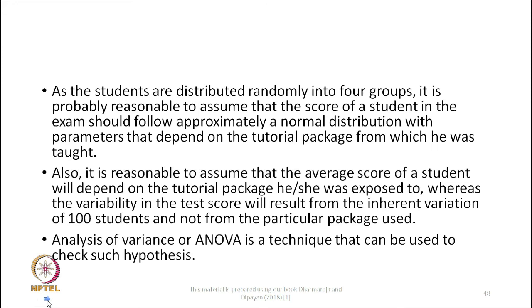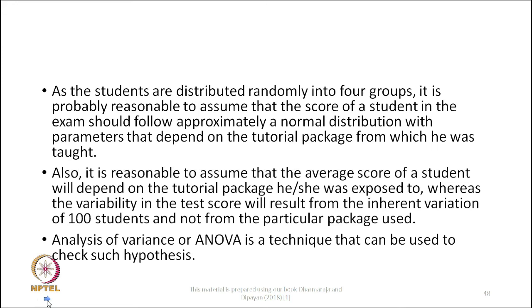As the students are distributed randomly into 4 groups, it is probably reasonable to assume that the score of a student in the exam should follow approximately a normal distribution, with parameters that depend on the tutorial package from which he was taught. That means each group follows approximately a normal distribution with parameters that depend on that particular tutorial package.